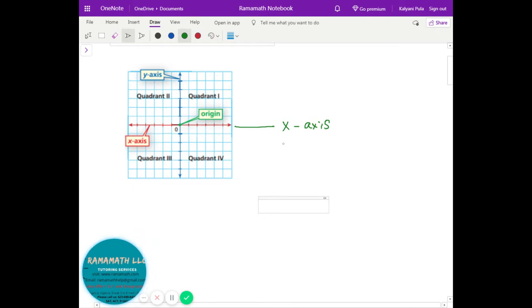Other names are horizontal axis, and it is also called the independent axis. Coming back to the y-axis, tell me what the other names are.